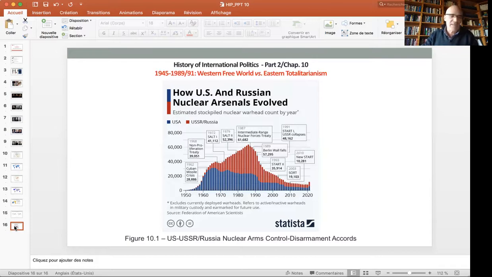To put it differently, the bipolar society was synonymous with at least an implicit normative preeminence of the West in general and the US more particularly.